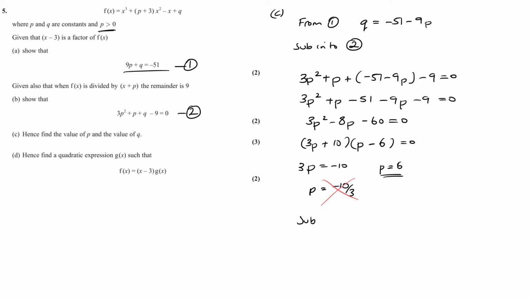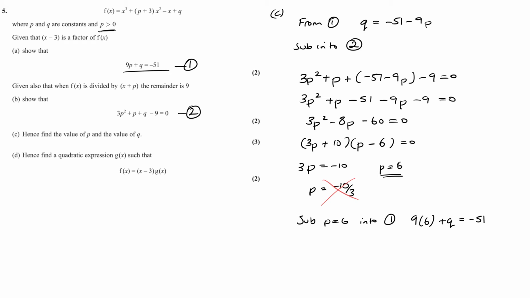I want to sub p equals 6 into the linear one, the easier of the two, so into equation 1 in this case. So we've got 9 times p plus q equals negative 51.